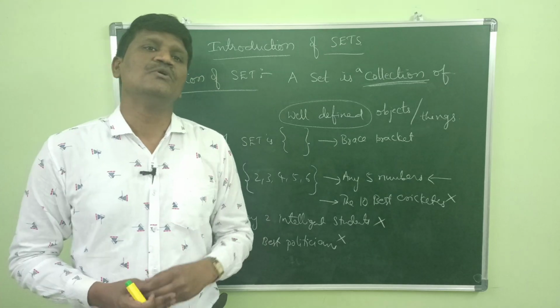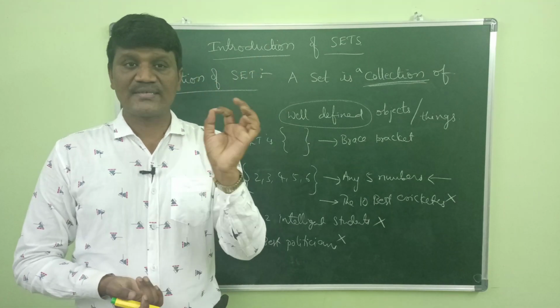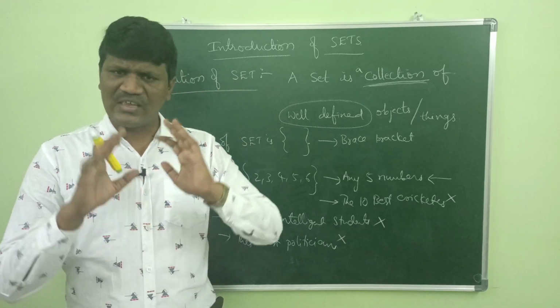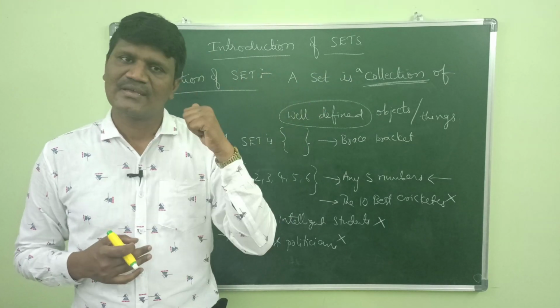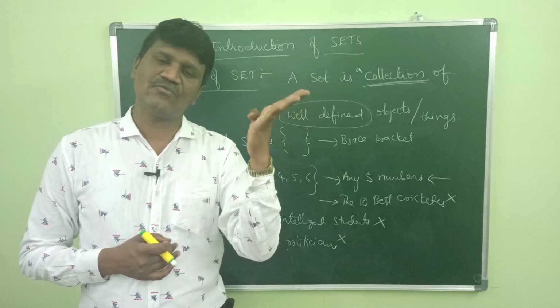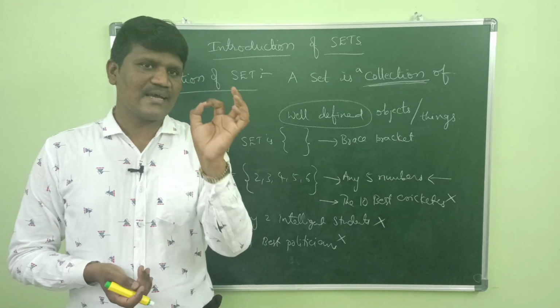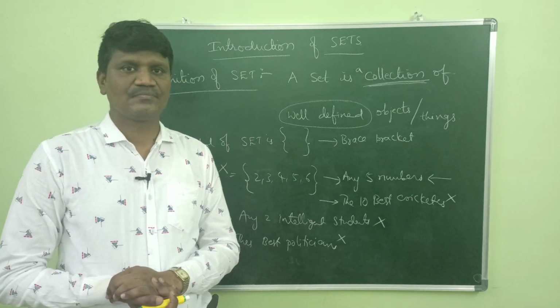Suppose I ask you to write the first 5 natural numbers. Will everyone write the same? Yes. Everyone will write the set elements 1, 2, 3, 4, 5.